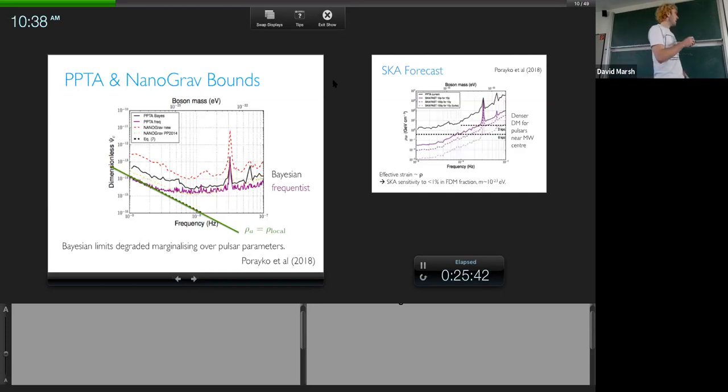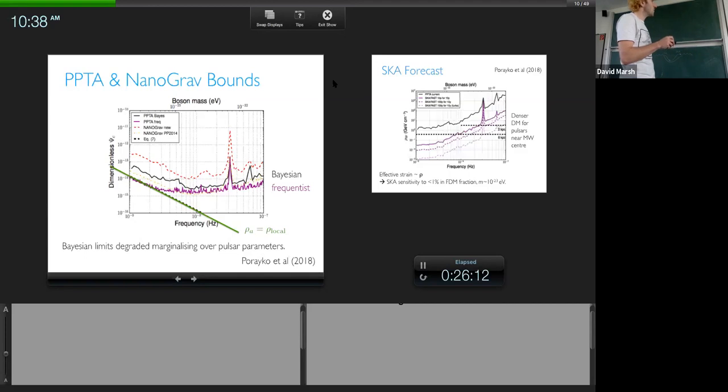So it takes into account better the uncertainty due to the modeling of the pulsars themselves. So the expected signal that you would get if fuzzy dark matter made up all the dark matter is the green line, and then they show the boson masses up here. So if you took the frequentist analysis, they're just about able to rule out 10 to the minus 23 eV being all of the local dark matter.